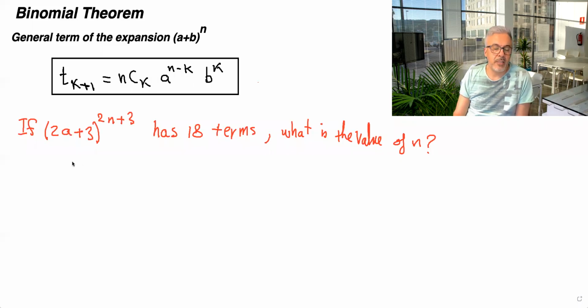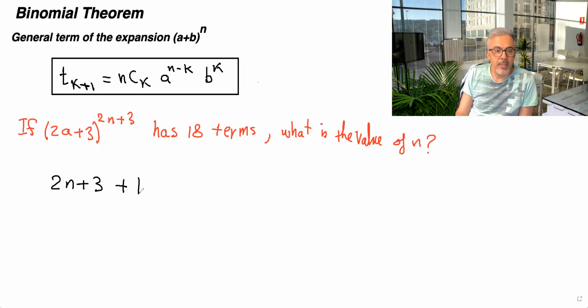So here's the last question I'm going to do in this video. So basically they say, if this expansion has 18 terms, what's the value of n? So now you remember earlier I said, to know how many terms you have, you always add 1 to this exponent. So then 2n plus 3, when you add 1 to this, you get the number of terms, which is 18.